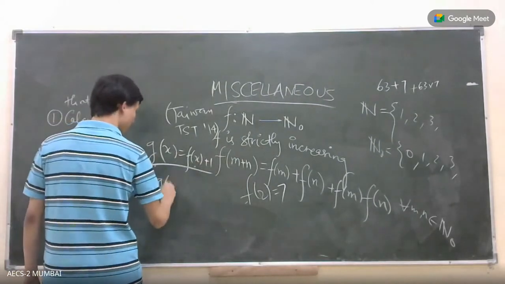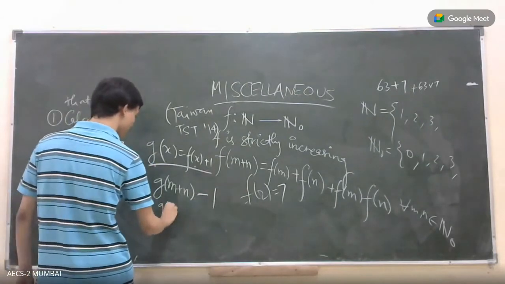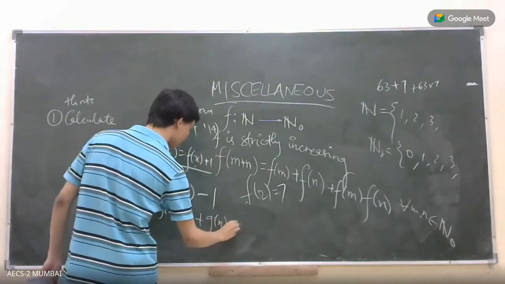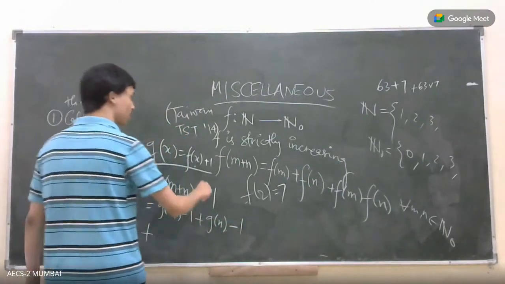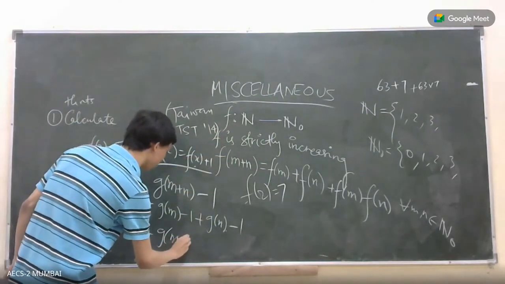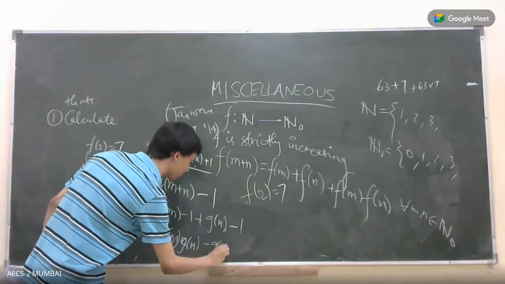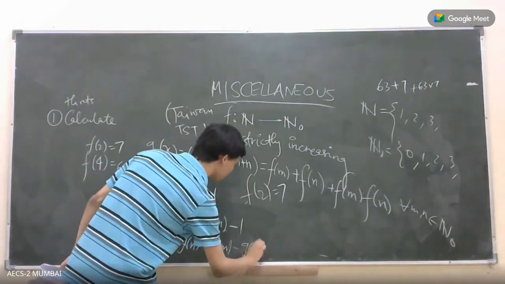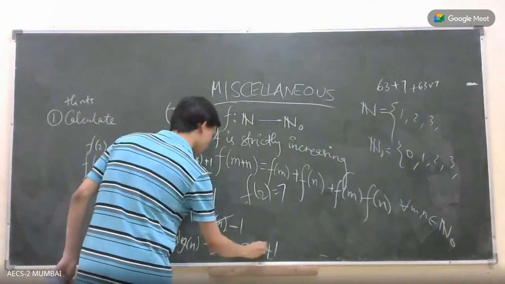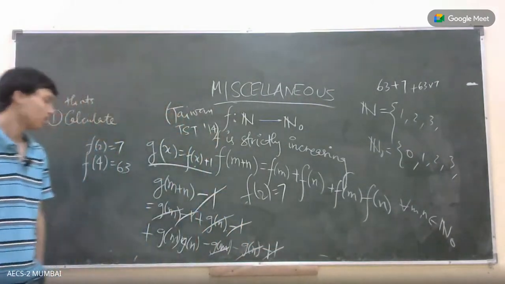This becomes g of m plus n minus 1, and this becomes g(m) minus 1, g(n) minus 1, plus g(m) minus 1 into g(n) minus 1, which becomes g of m plus n.